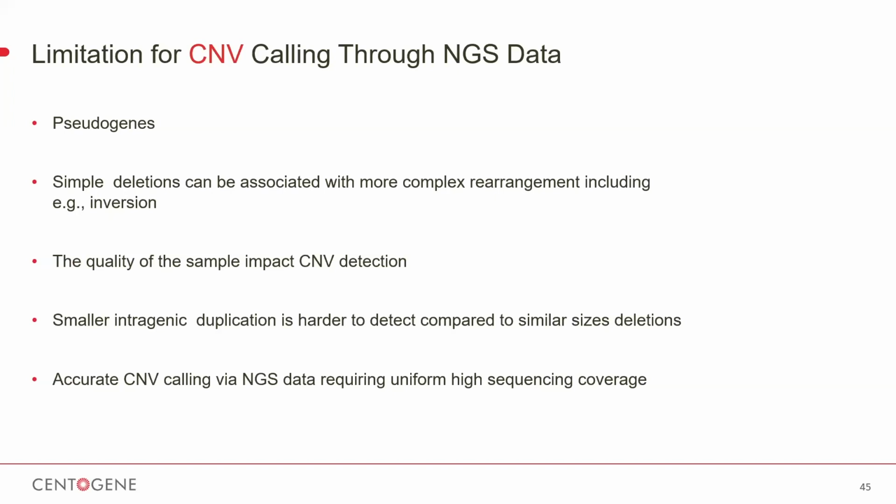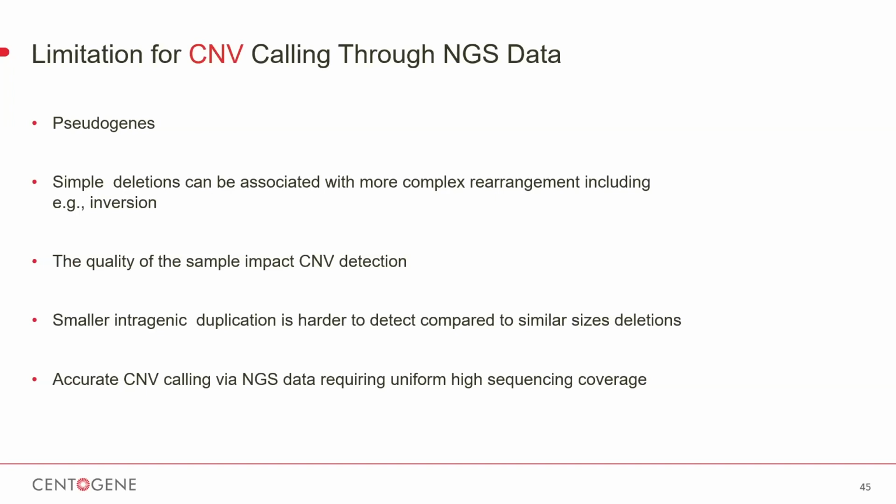And also, one of the very important problems is the interpretation and detection of duplications. Duplications, compared to deletions, are very difficult to detect and classify, because it is harder to predict whether these duplications will affect the gene reading frame, the gene product, or the gene dosage. And also the precise detection of the breakpoints.